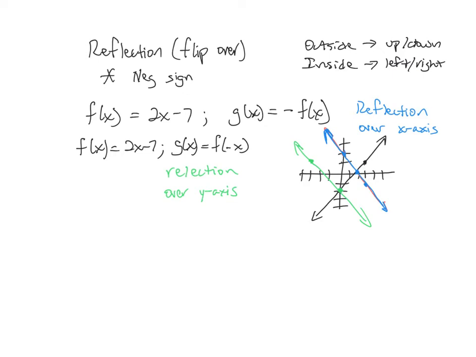That happens a lot. So for reflection, outside means reflection over the x-axis. Inside means reflection over the y-axis.